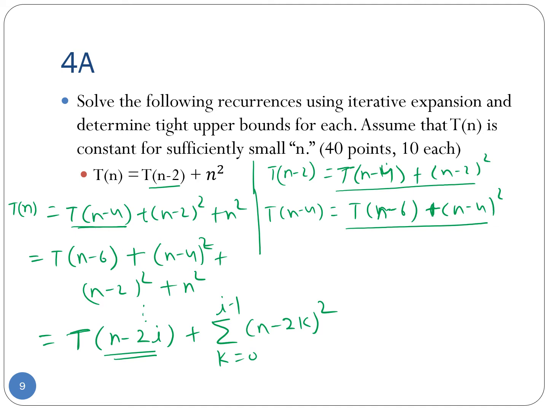We notice that for i equal to n by 2, this n minus 2i will become 0. So 2 times n by 2 is n, and n minus n is 0. So basically this series will go all the way from k equal to 0 to n by 2 minus 1. Let's solve this on the next slide.